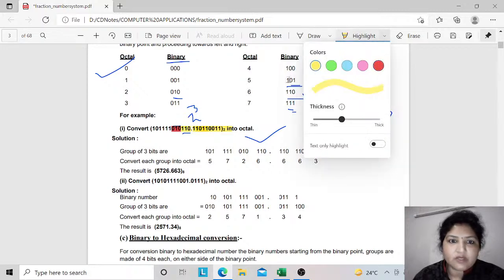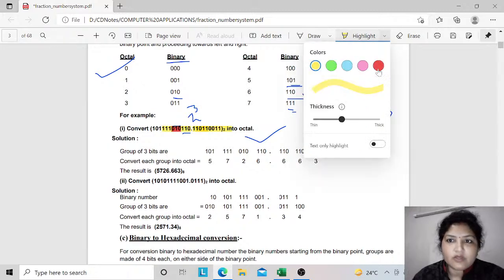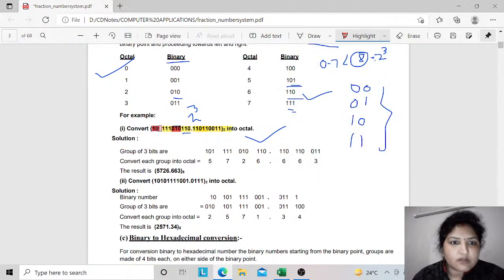Then again I am taking the yellow color for another combination, and then it would be like this. So this would be how you convert the digits. Here this would be 110, then 010, then 111, and then 101. The same is for this side also. You take it as 110, then 110, then 011.